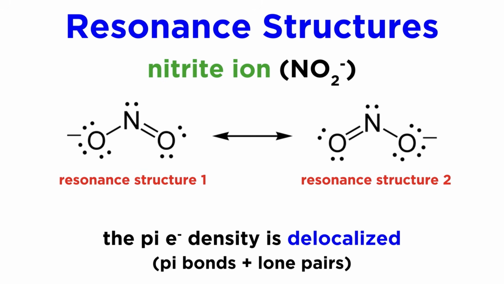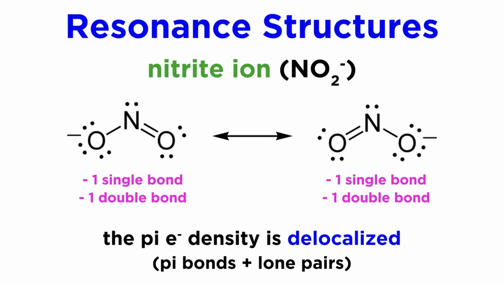If a molecule is participating in resonance, it is able to delocalize pi electron density, which means electrons in the form of pi bonds and lone pairs, and distribute these electrons in a way that cannot be represented by an individual Lewis diagram. Instead, it must combine them to form something in between the 2.